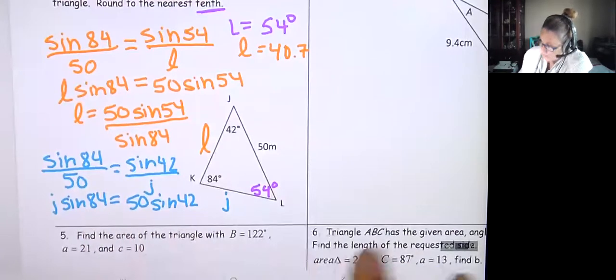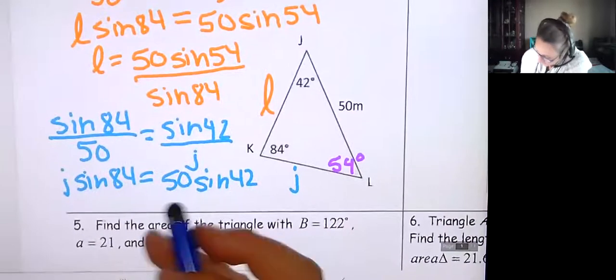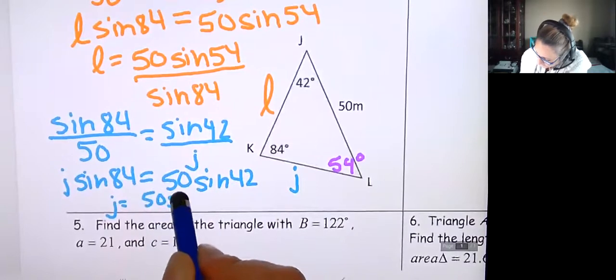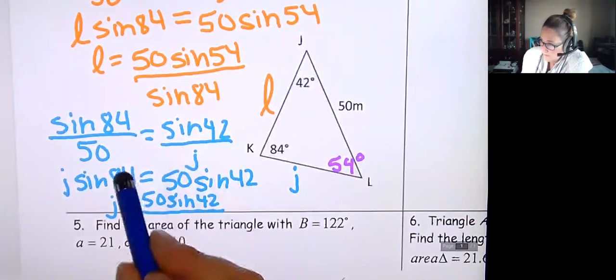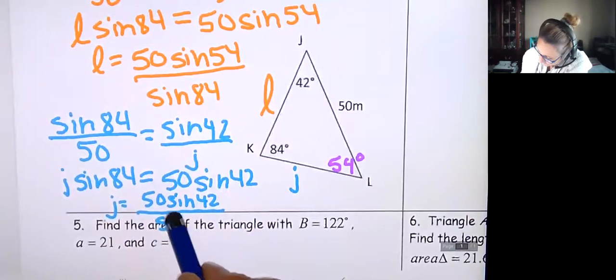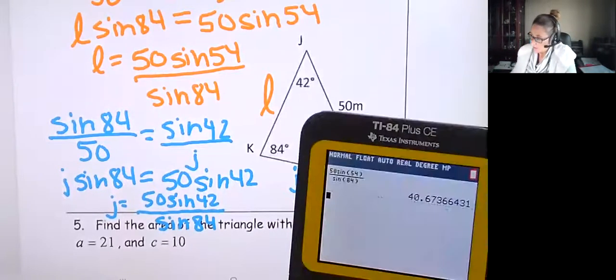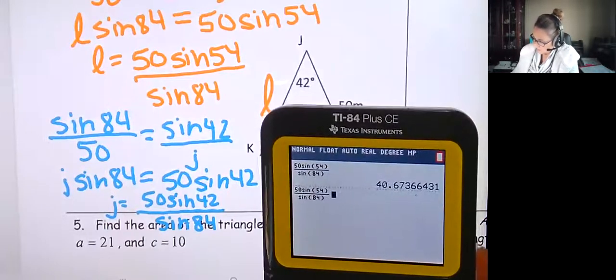So I'm going to get, and I'm just going to zoom in a little so I can write it a little easier, J equals 50 sine of 42 over sine of 84. Okay, and I'm going to put that in my calculator. So again, come up here, steal that.